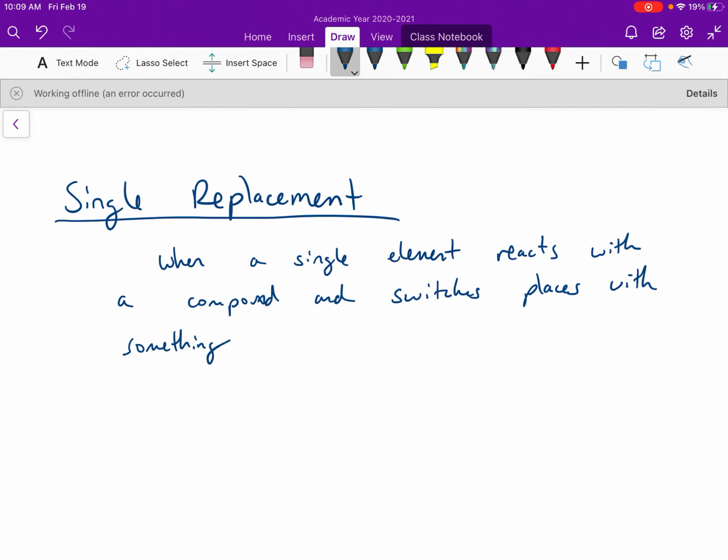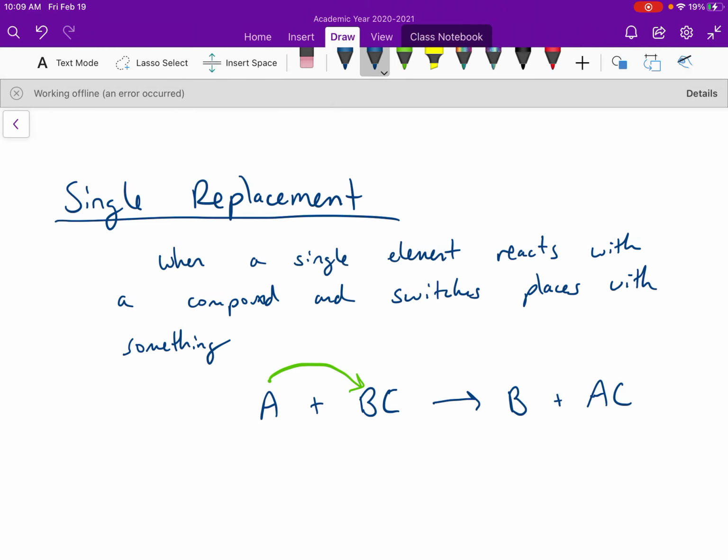So this would be like A plus BC, right? A single element, A, reacting with a compound, BC. And A and B are going to switch places. So we'll end up with B by itself and A with C. So that's single replacement because one thing bumped out one other thing. So that's one pairing switched places.